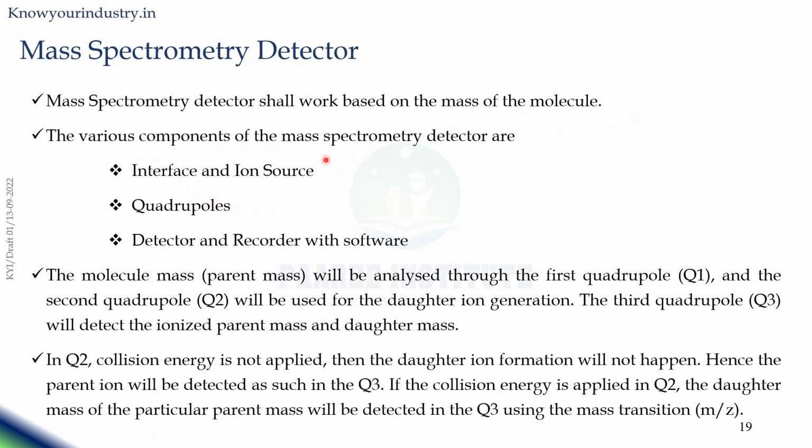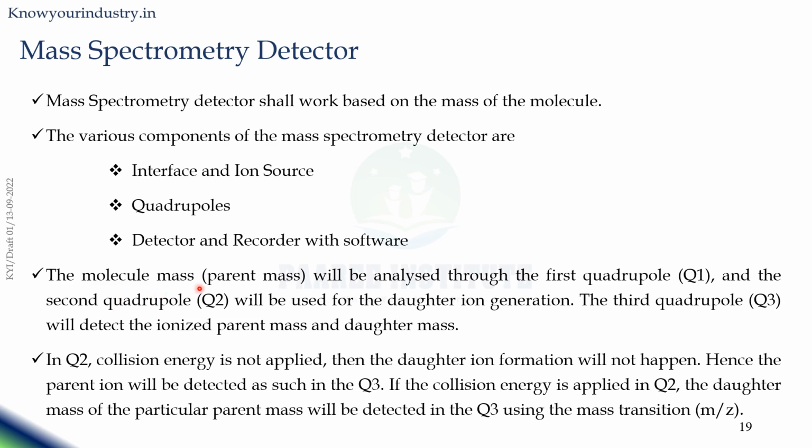The three different components of the mass spectrophotometric detector are the interface and ion source, which connects the HPLC with the mass detector and creates ionization of the molecule, then the quadrupoles, then the detector and recorder with software.